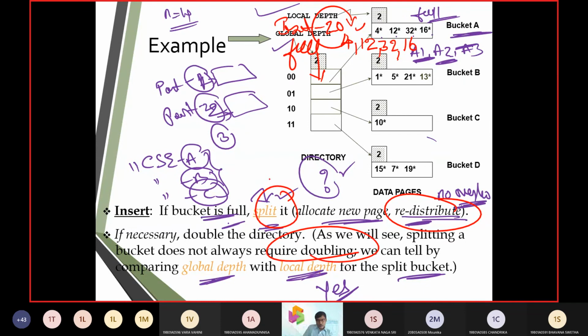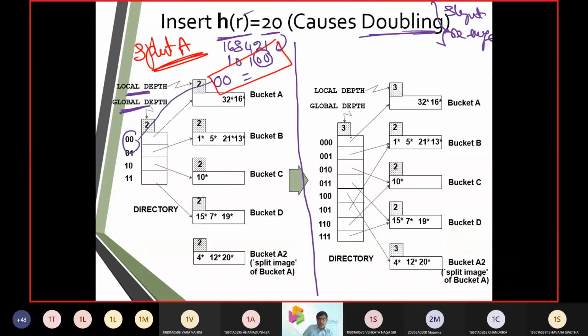So these are the principles. First principle, split. Second principle, redistribute. Third principle, doubling. So as 20 has to be inserted, now you need to go with the splitting redistributing mechanism at this point. Why 20? The reason was 20 we are going to compute the hash function code with 16, 8, 4, 2, 1.